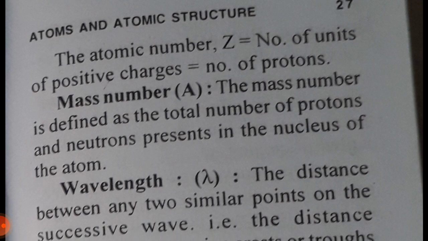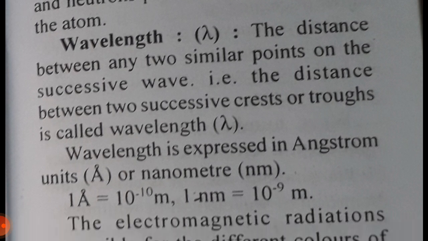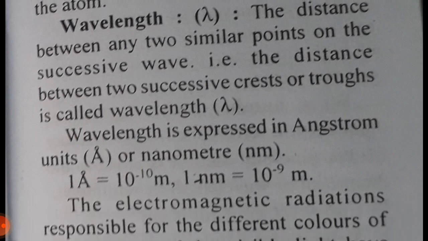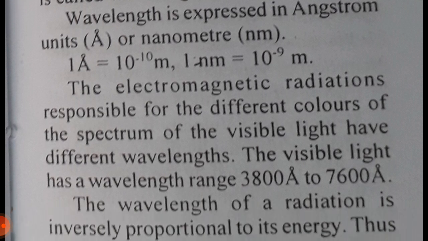Mass number A. The mass number is defined as the total number of protons and neutrons present in the nucleus of the atom. Wavelength lambda. The distance between any two similar points on successive waves, that is, the distance between two successive crests or troughs, is called wavelength, lambda.